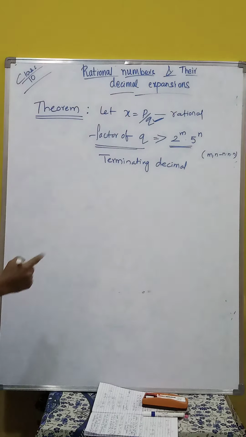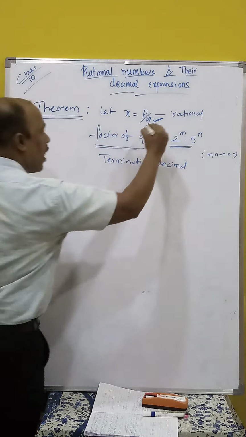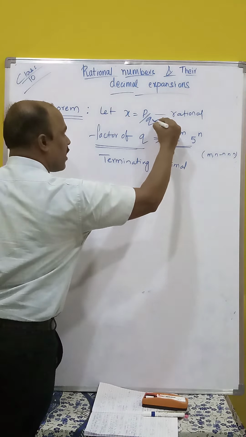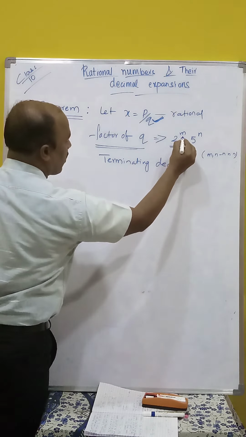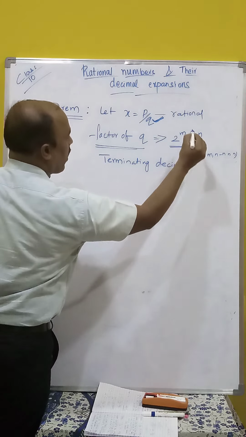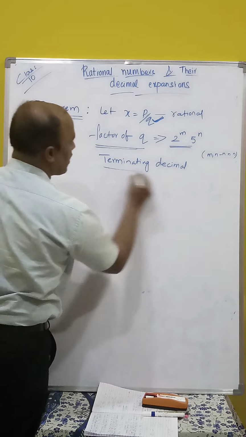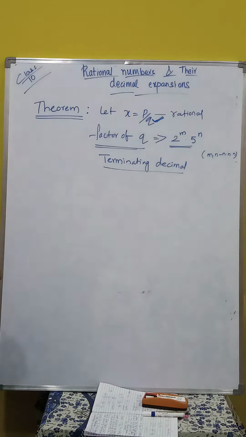Terminating decimal. Listen again: whatever the number, if the denominator's factors are in the form of 2 power m into 5 power n, then it is a terminating decimal.